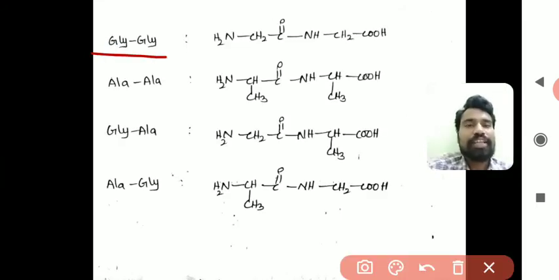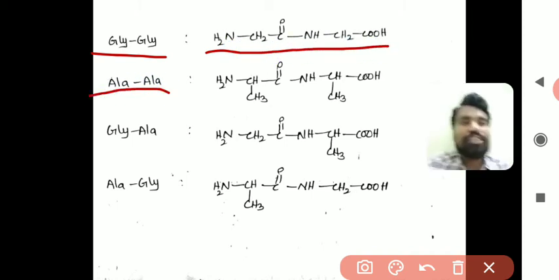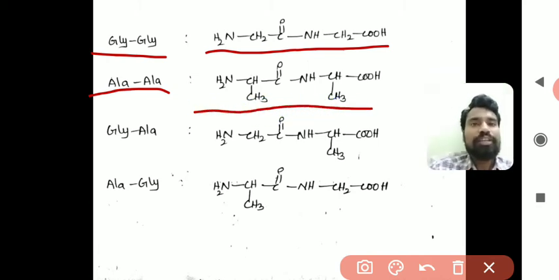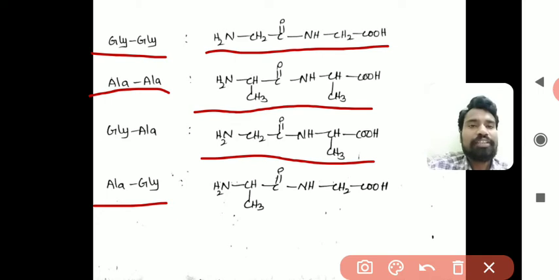Glycine may react with glycine and form Gly-Gly, and alanine may react with alanine and form Ala-Ala. If glycine first reacts with alanine, it forms glycyl alanine, that is Gly-Ala. If alanine first reacts with glycine, it results in Ala-Gly.